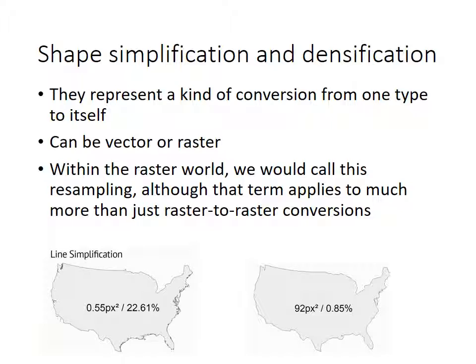But you can reduce the number of points in that boundary all the way down to a little bit less than 1%, and the United States is still quite recognizable. So it really depends on what you're after. But most of the time, you can pare out a lot of the points and still keep a good high fidelity matchup to your original polygon.